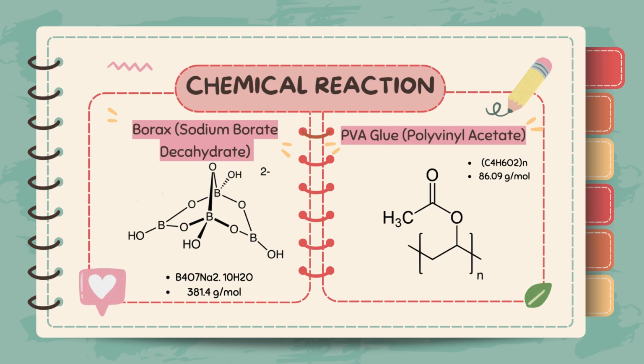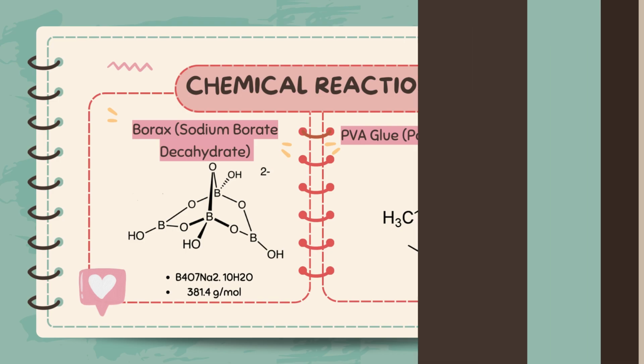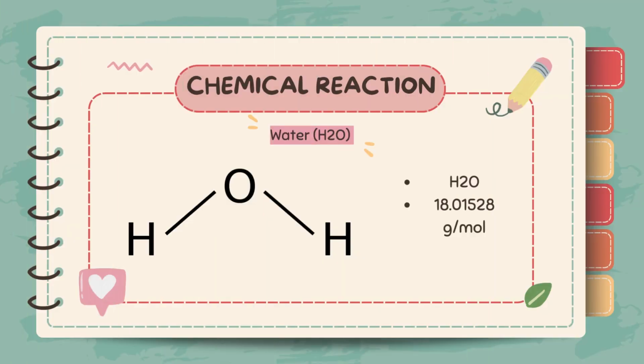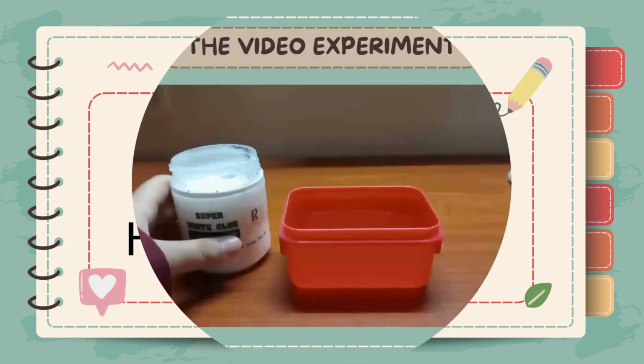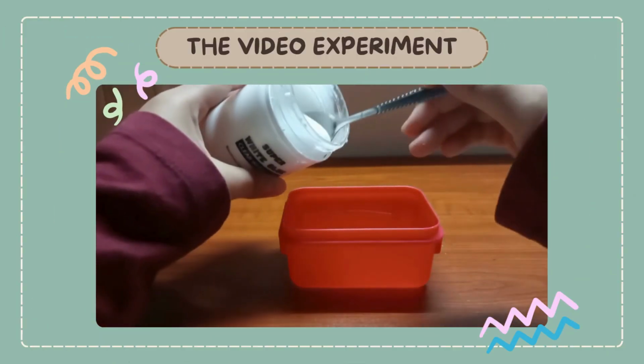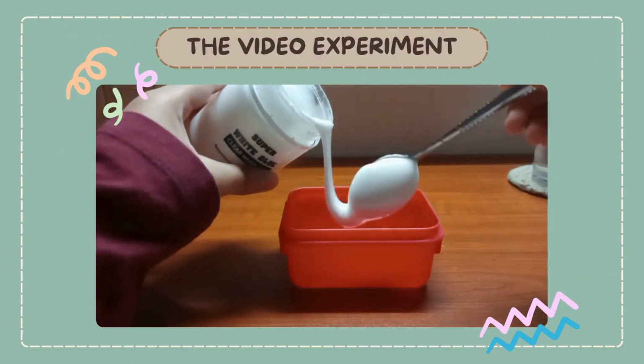The formula is C4H6O2 with molar mass 86.09 grams per mole. Next is the chemical reaction for water with the formula H2O and molar mass 18.0158 grams per mole. This is the video experiment that I have recorded to make slime. Please do watch.